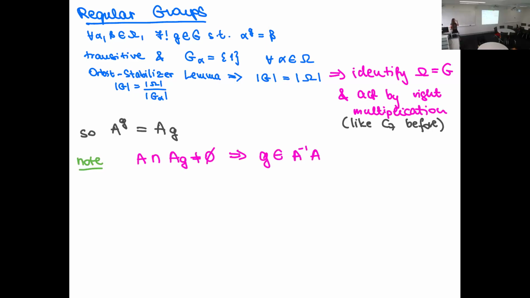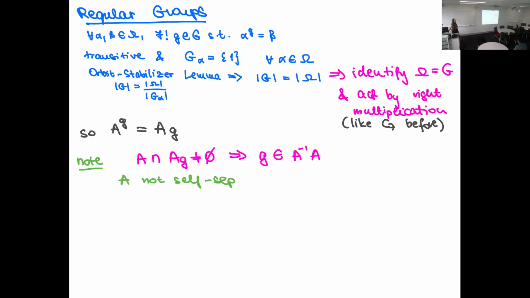So in this case, if A and AG intersect, then the element G will lie inside A inverse times A, because that means that there are elements A1 and A2 in A such that A1 is equal to A2G.